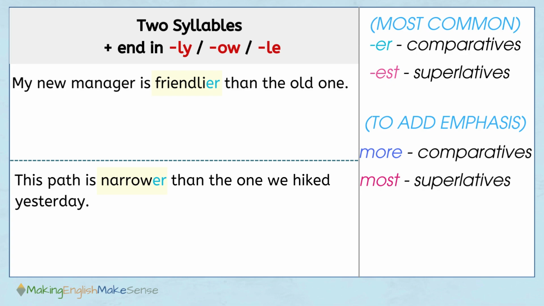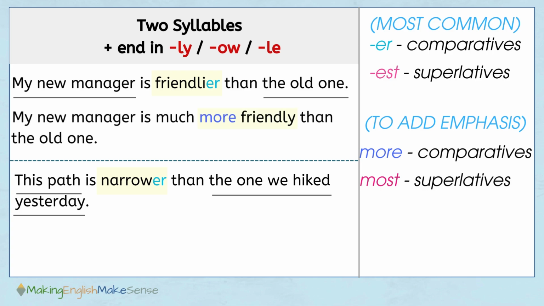Both are comparing two nouns. My new manager with my old manager, and the path we were on today versus the path we were on yesterday. Now, if I wanted to add an extra emphasis on the difference between the two nouns being compared, I would use more instead of ER, and that would sound something like this.